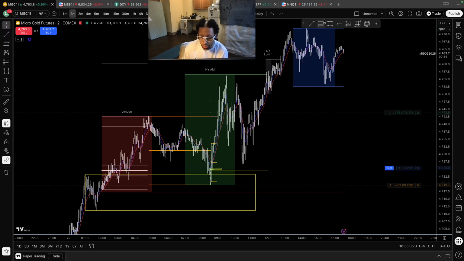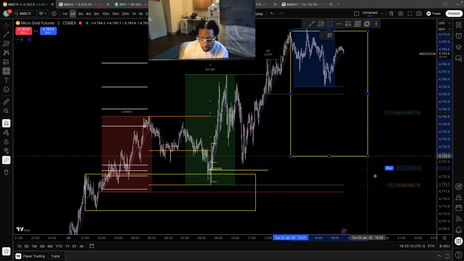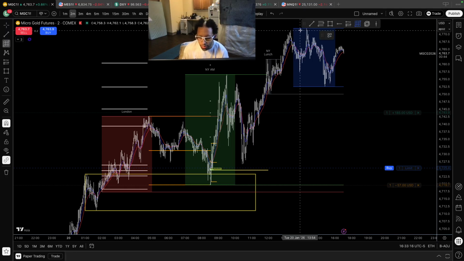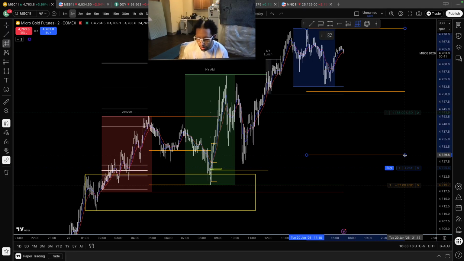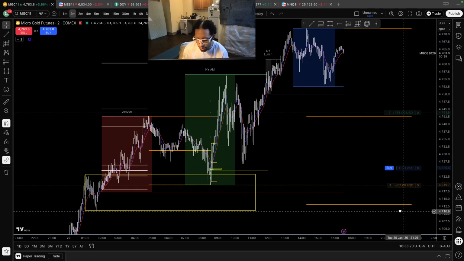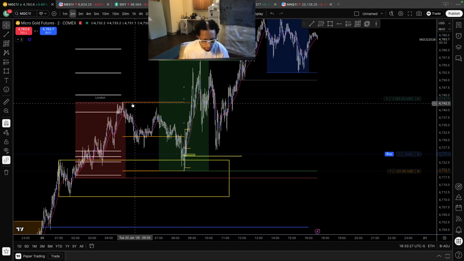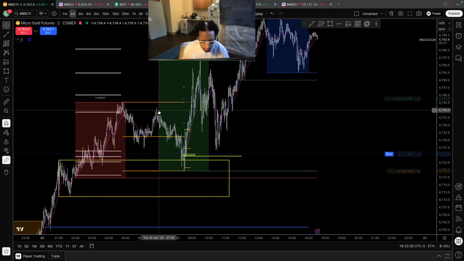So I'd rather see it make a range like this, like I'd rather see it retrace this far, and then that way I could have a range to catch a trade from here to there. But since this range was only from here to there, my rules would have had to get me out here.